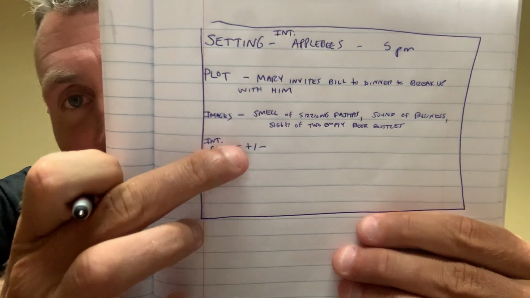Okay, the 4th one is the most important, and that's what we're going to call internal change. We call it conflict, but we're going to note it as we always do, internal change and then a plus and a minus. That doesn't mean good to bad, doesn't mean bad to good. It just means change. So it can be, starts off happy, ends up happier.